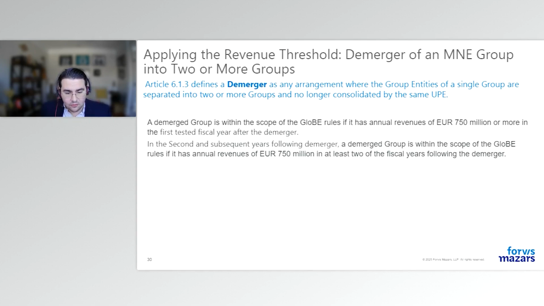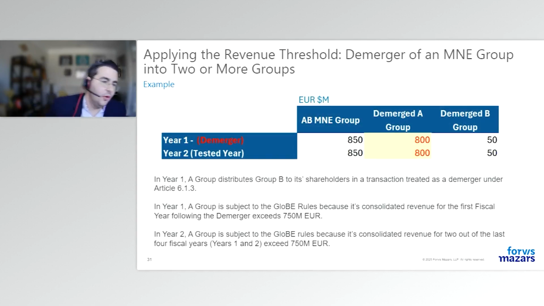So let's do a quick example here to take this home. We have the A-B M&E group. We created them in our last example, and now we're going to rip them apart. In year one, A group distributes group B to its shareholders in a transaction treated as a demerger under Article 6.1.3.